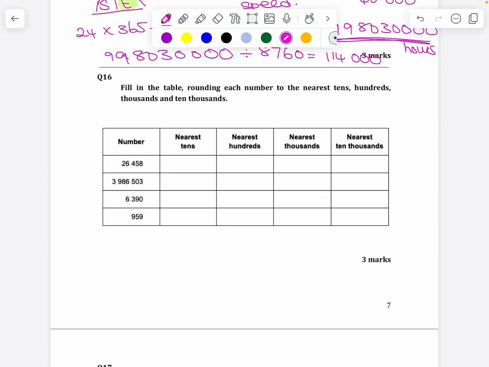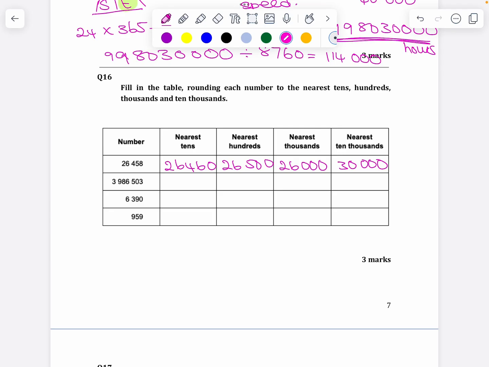So this one to the nearest 10 should be 26,460. To the nearest 100, you should have 26,500. To the nearest 1,000, you should have 26,000. To the nearest 10,000, you should have 30,000. So that's nice and straightforward.